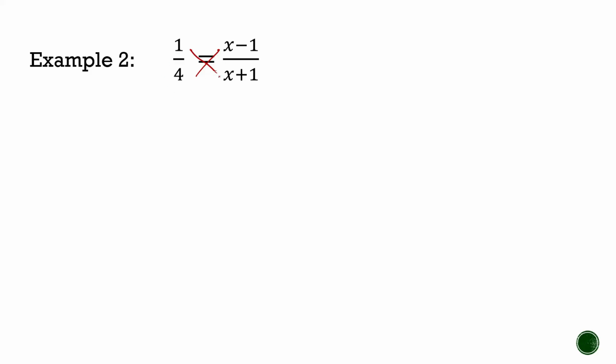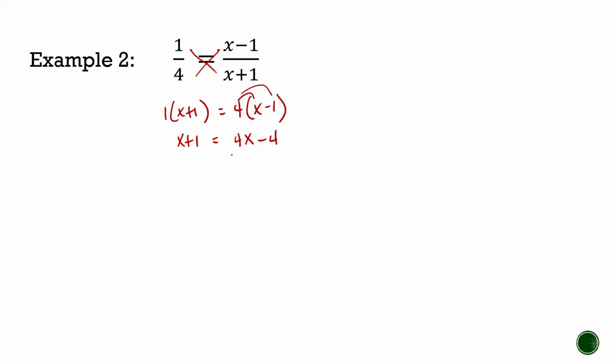So 1 times x plus 1, let me just rewrite that first like this, and then 4 times x minus 1. In general, the strategy depends on the equation that you have. So in this case, if you see this kind of problem, you have to do cross multiplication. Okay, so 1 times x plus 1 is going to give us x plus 1. We distribute this: 4x minus 4.